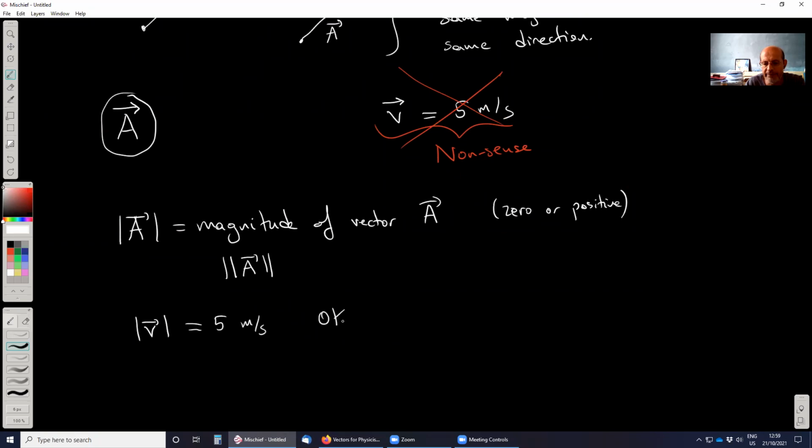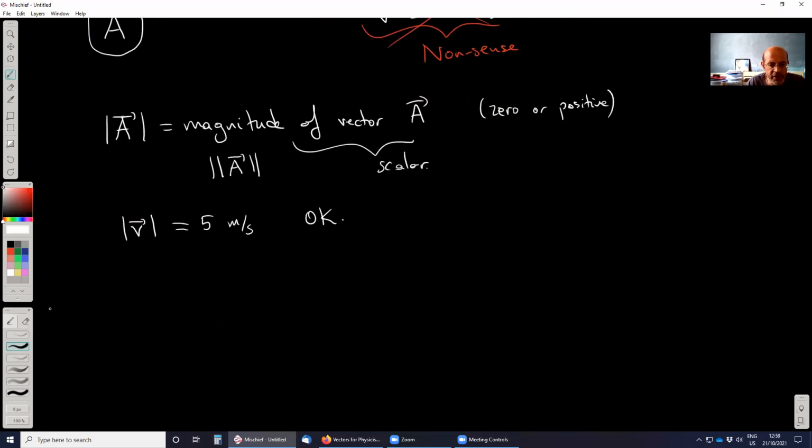So the magnitude is a scalar. It's just a number, but this scalar always has to be positive, it can never be negative. But it's a scalar because it's just a number. So in any case, we have some definitions.